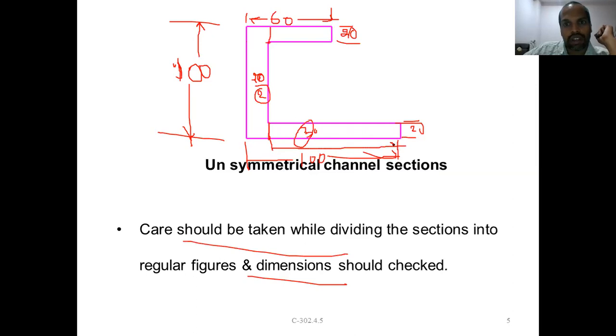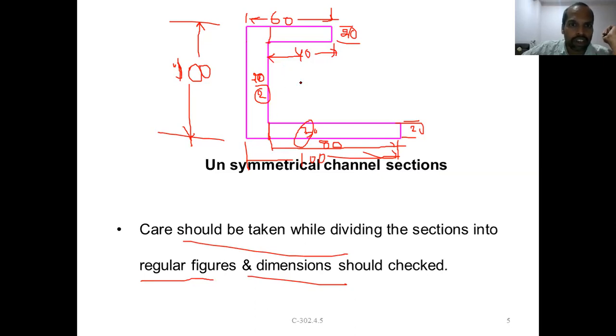It is reduced. 100 minus 20, so this is becoming 80. Similarly, 60 minus 20, it is becoming only 40. So after dividing into regular figures, the dimensions should be checked and recalculated, if required. Always may not be required, but if required, you have to renumber it and rewrite the dimensions like this.